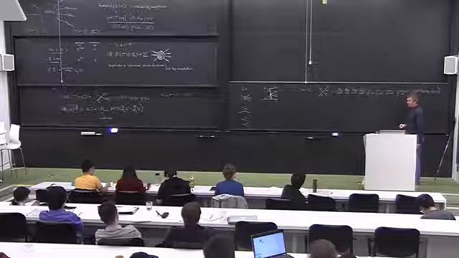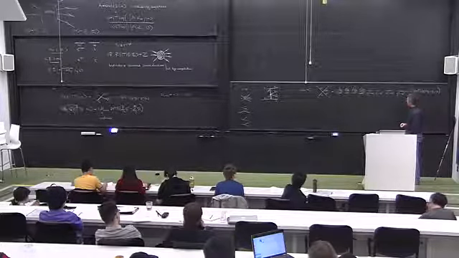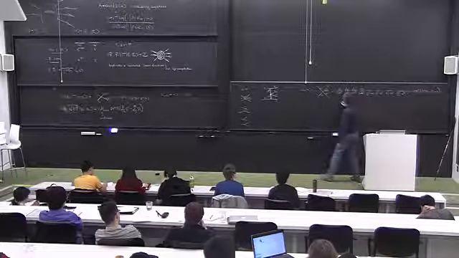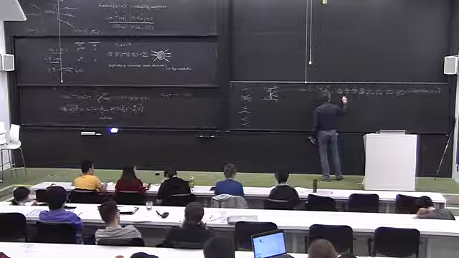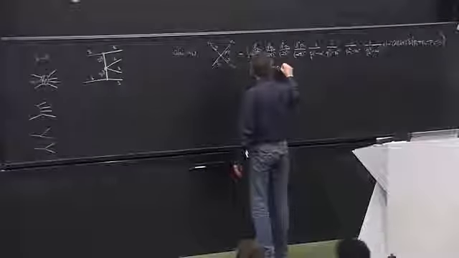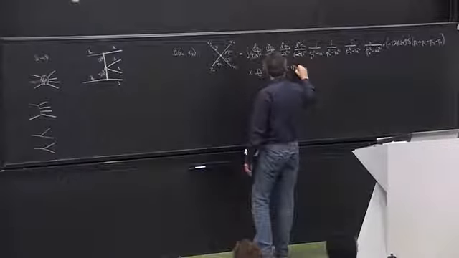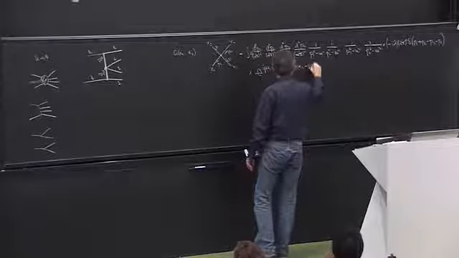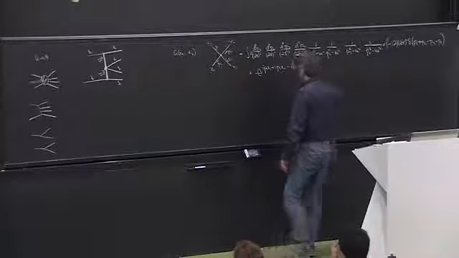And so this should also be multiplied by e to the i P1 x1 plus i P2 x2 minus i P3 x3 minus i P4 x4.